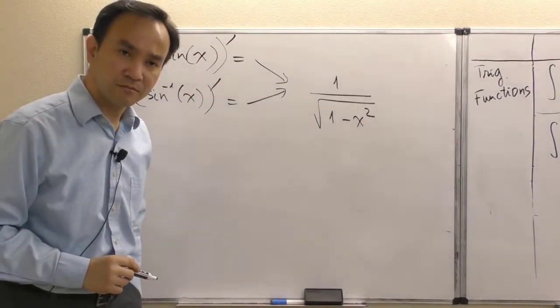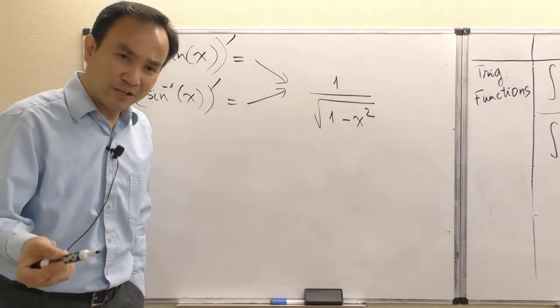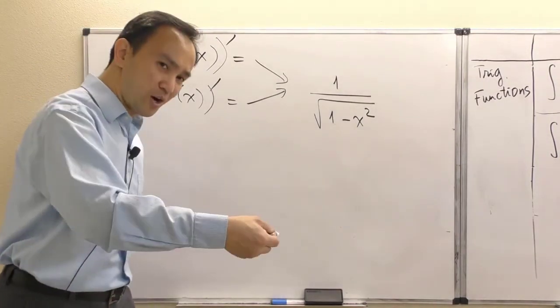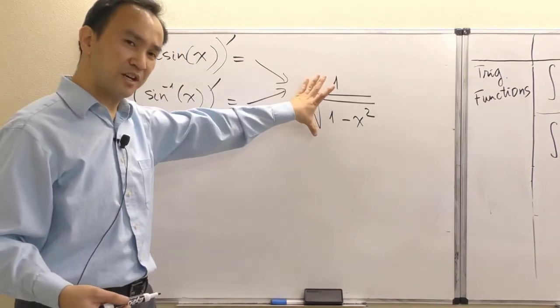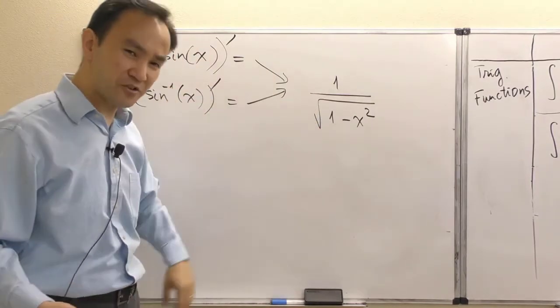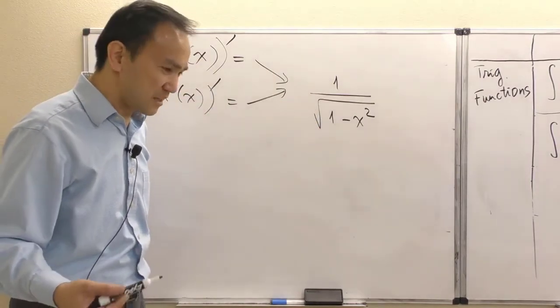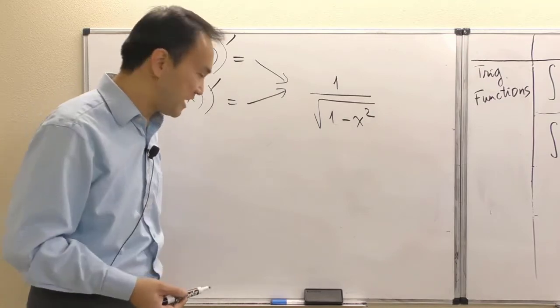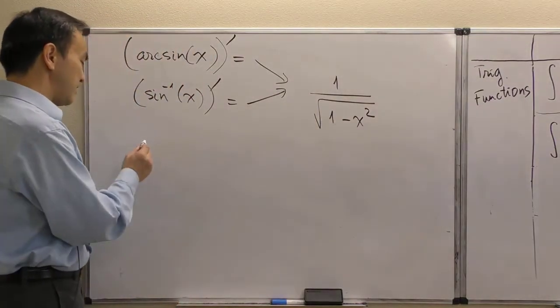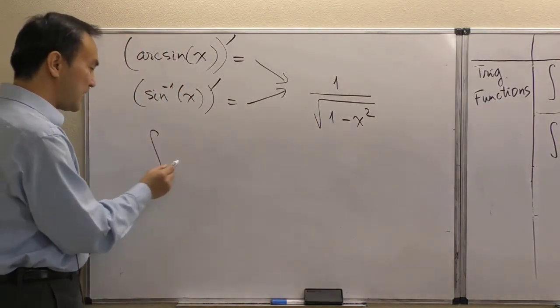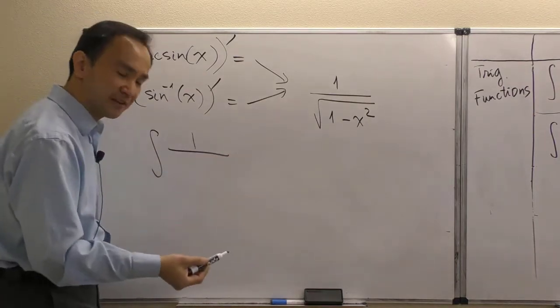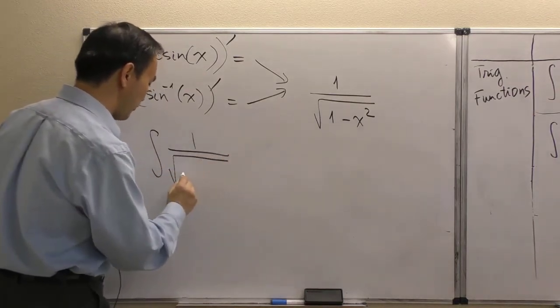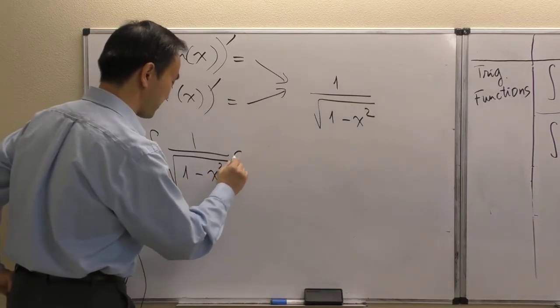Okay, and so in that way, I am going to reverse the work right here. We found the derivative of this inverse sine function back then in our days of learning about derivatives. And so now that means reversing it, finding the antiderivative of this specific function, 1 over square root of 1 minus x squared.